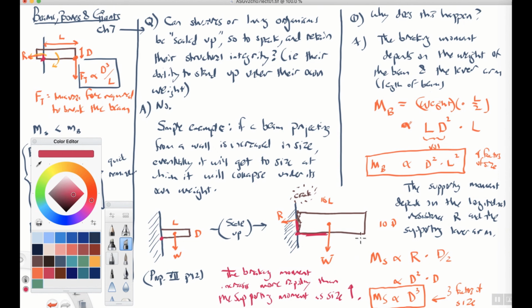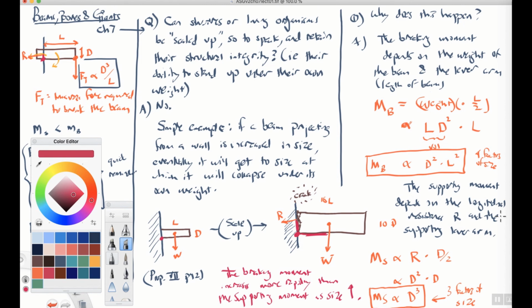And so at some point, even if it's able to support its own weight at a small size, it will get to be a large enough size that it will break under its own weight. This is one of the main points that Galileo is getting at here, and it's precisely why he says things like, if you look at the mast of a ship, it's got horizontal beams sticking out that support the sails, and they support their own weight at a certain size.